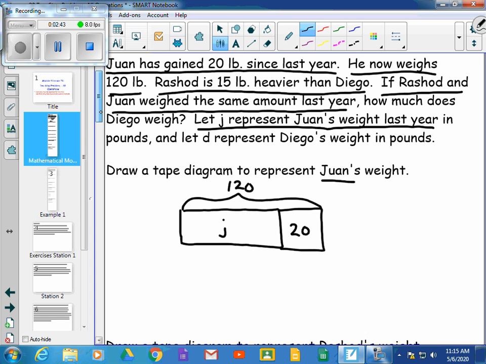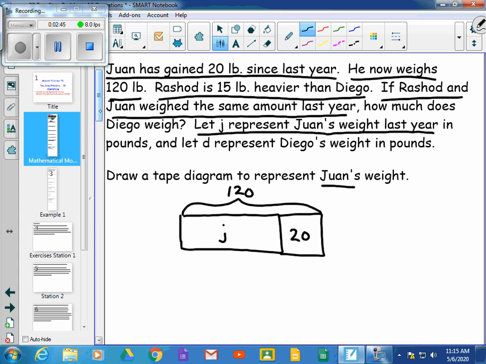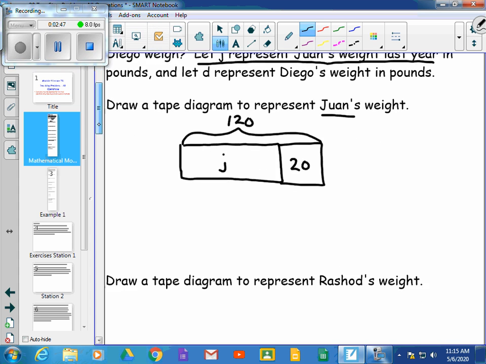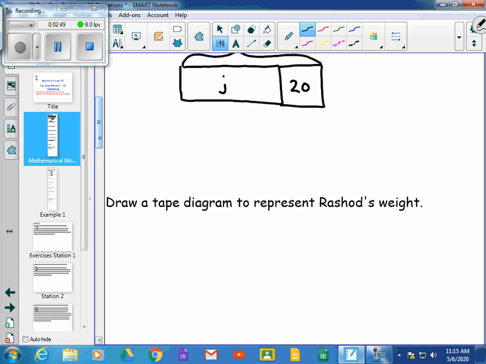So Rashad weighs the same as Juan last year, which was just the J. So we need to draw a tape diagram that's just the same size as the J. Making up that entire piece is the 15 pounds more than Diego: the D is Diego's weight and the 15 is the extra.